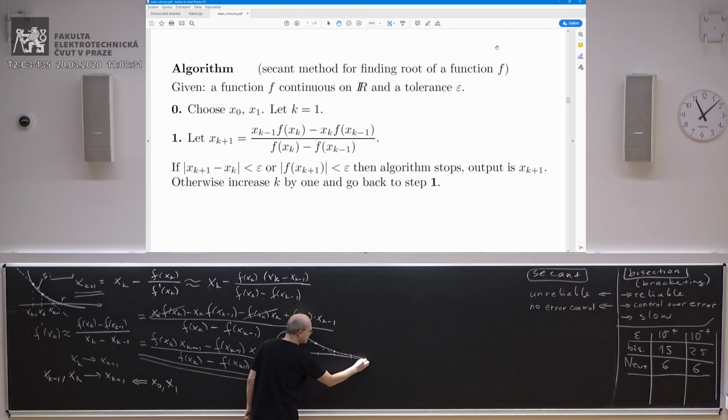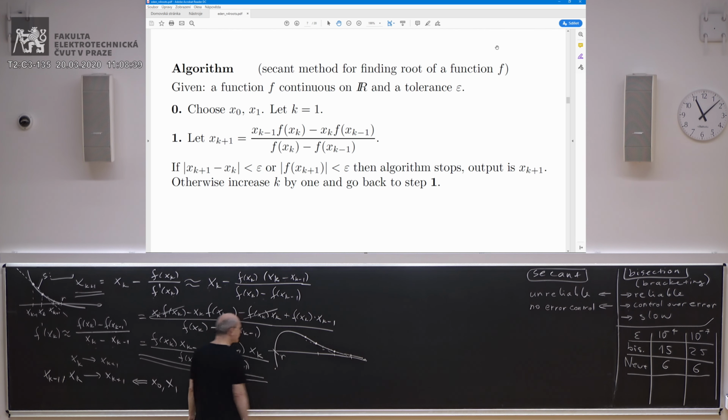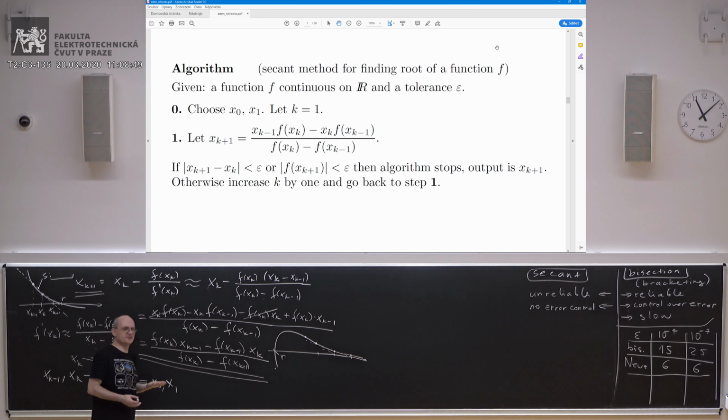And you have a secant line and so on, and you can see where it leads. You would go to infinity with your approximations. Not very nice. You will never get to this root. So essentially, the general behavior of the secant method is very similar to the Newton method, because after all, it's just an approximation of the Newton method.